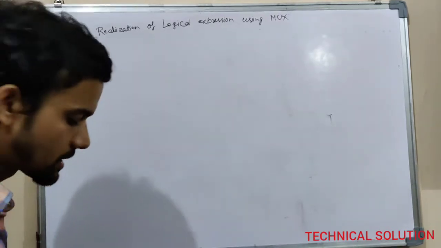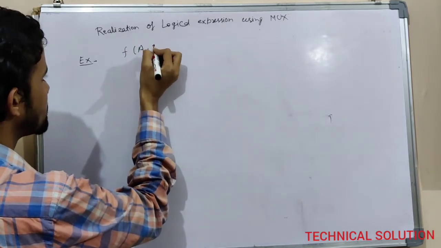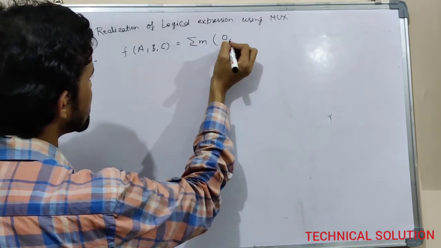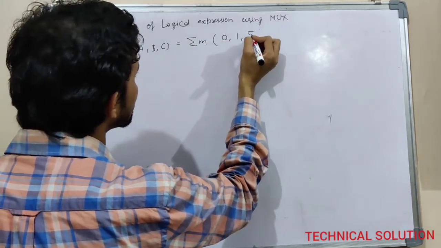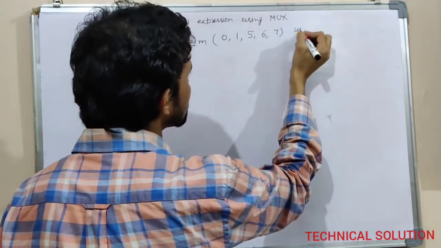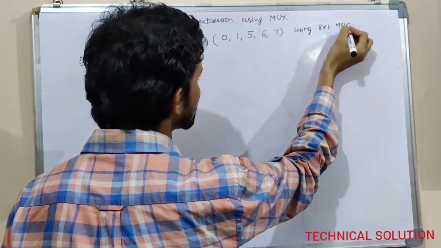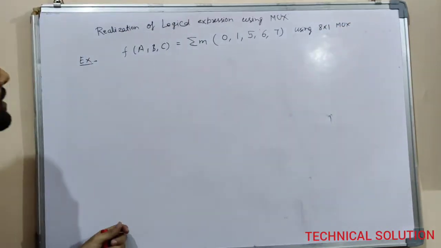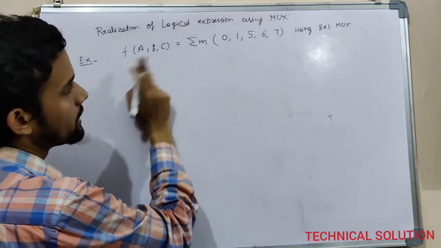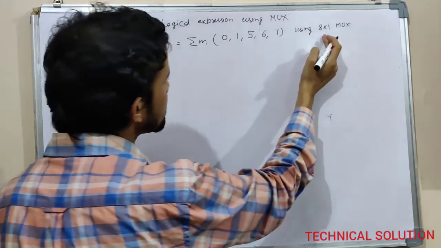Let us take one more example in which the function F(A,B,C) is given as minterms 0 1 5 6 7. Design it by using an 8x1 mux. Here we can see that the total number of inputs present is 3, and we have to design it using an 8x1 mux.